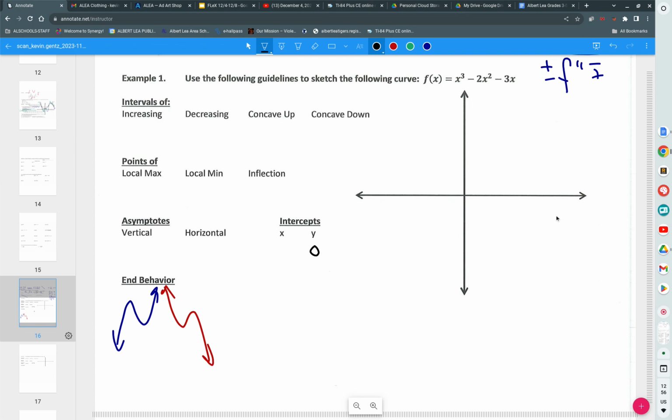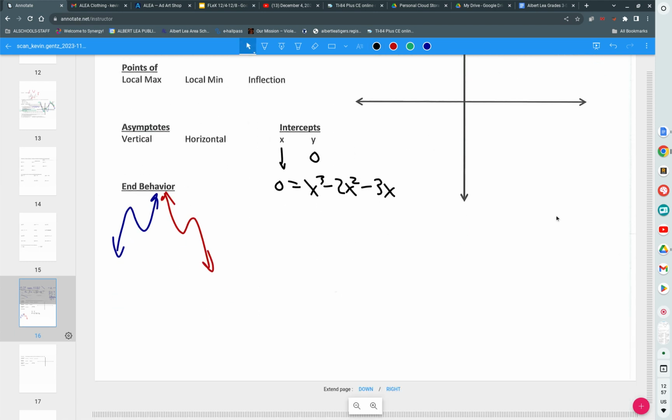The way that I come up with the x-intercepts is I set the function equal to 0. X cubed minus 2x squared minus 3x. How can I solve that? I factor it. I factor out an x, I get x squared minus 2x minus 3, or x times (x minus 3) times (x plus 1).